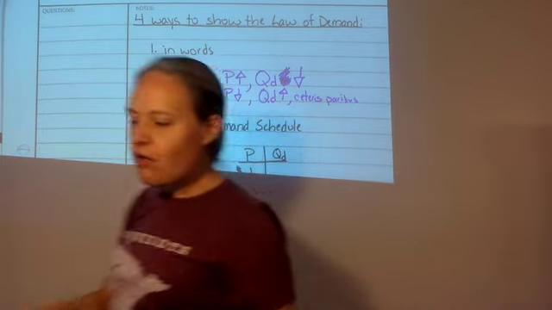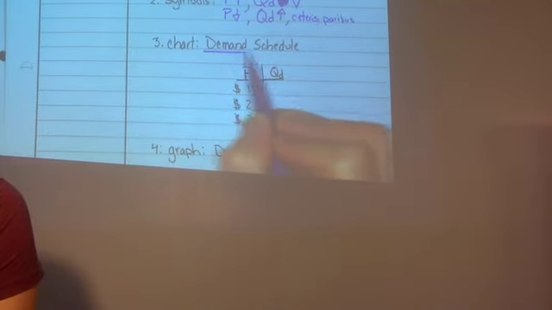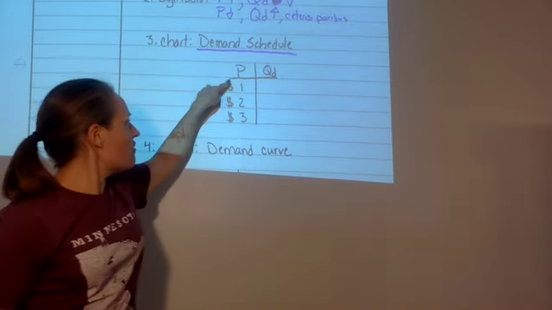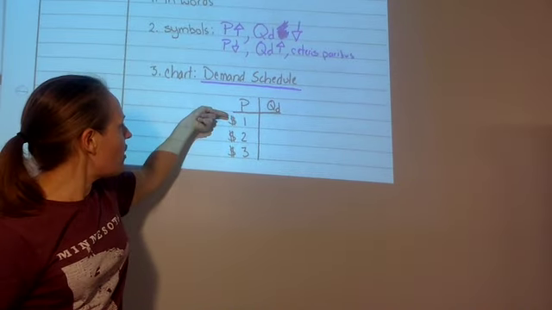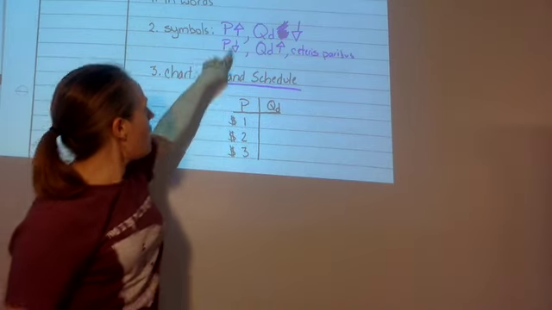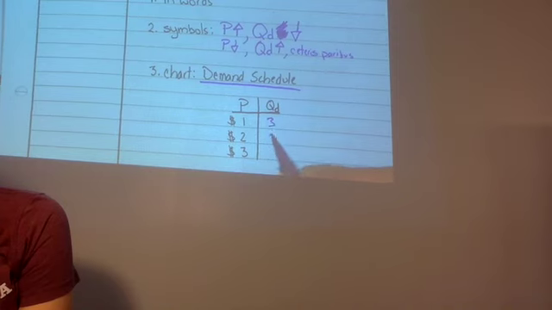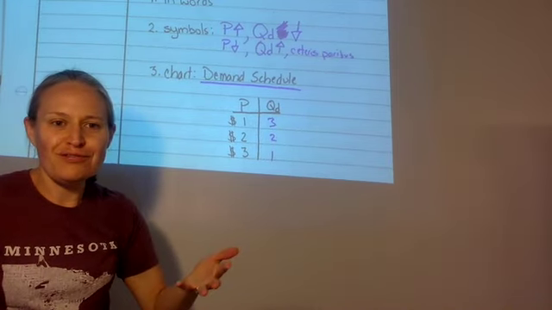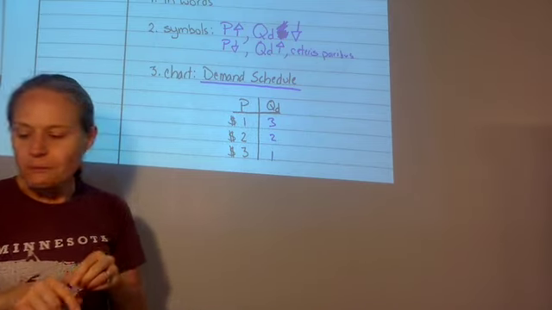All right, well, we can also write our law of demand as a chart, and that chart is called the demand schedule. So here it gives us three different prices, $1, $2, $3. Now the law of demand, so here our price is kind of going up, right? 1, 2, 3. So our quantity demanded, if the price is going up, quantity demanded has to be going down. So 3, 2, 1. Or 5,000, 3,000, 1,000, or whatever, as long as the numbers are going down.